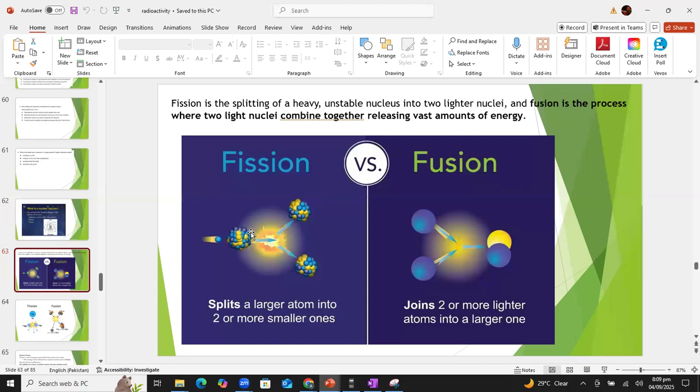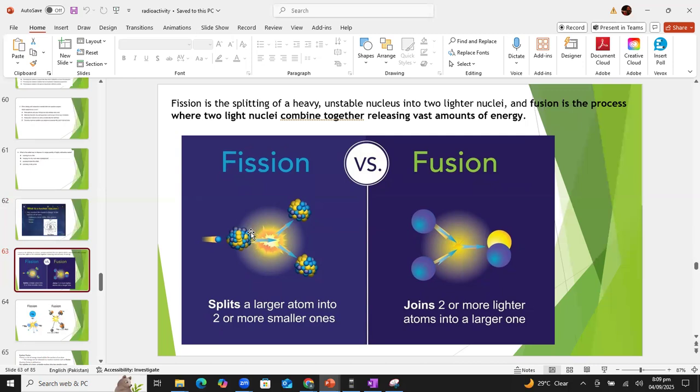This phenomenon is defined as a fission reaction: the splitting of a larger nucleus into two smaller nuclei with a release of a high amount of energy.